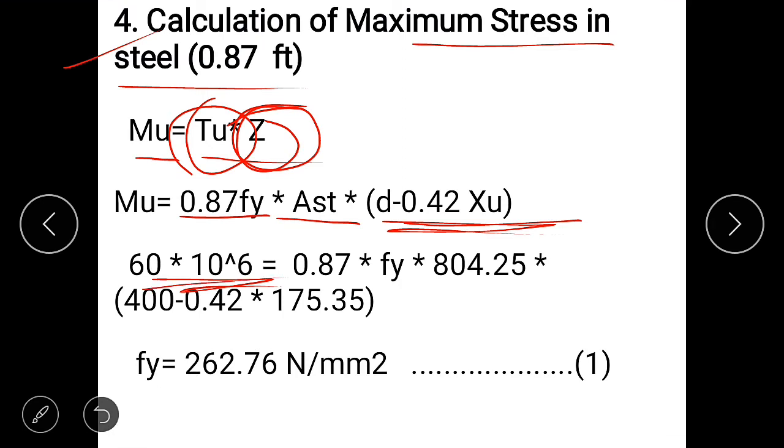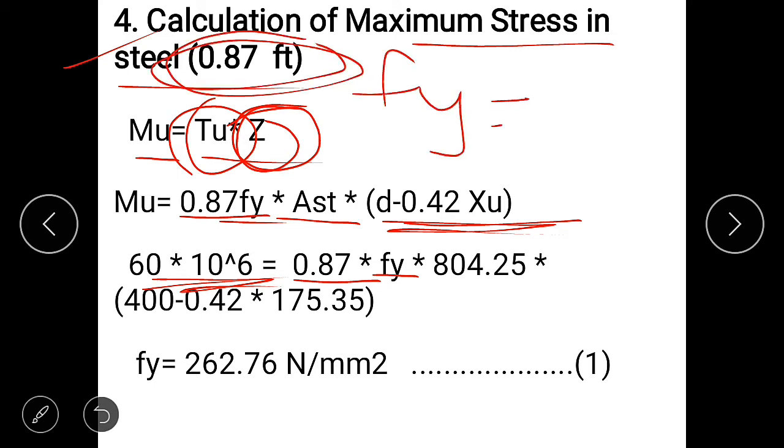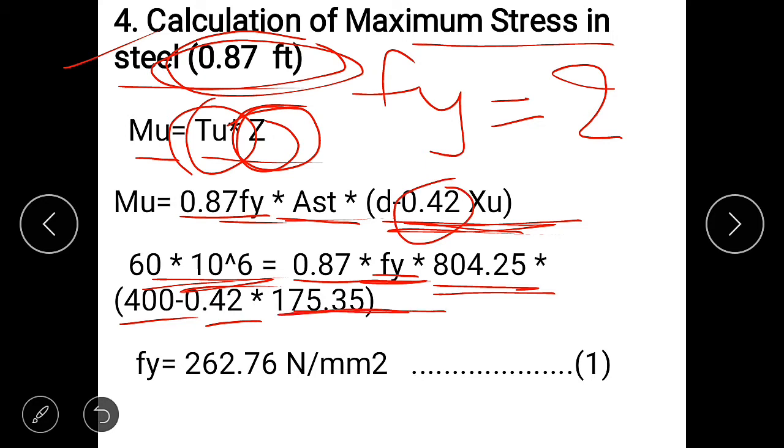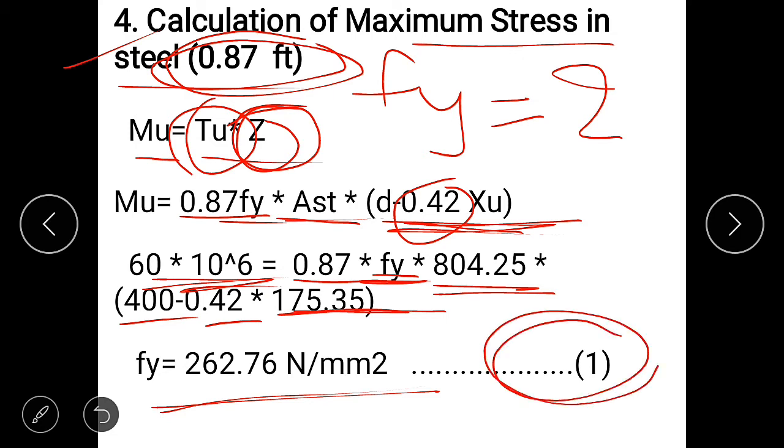So Tu is 0.87 fy, and here we have to find fy maximum, so don't put the fy value. Ast is 804.25, d is 400, 0.42 into Xu, 175.35. So the fy value is 262.76. Call this equation number 1. So the maximum stress in steel is 262.76 Newton per mm square.